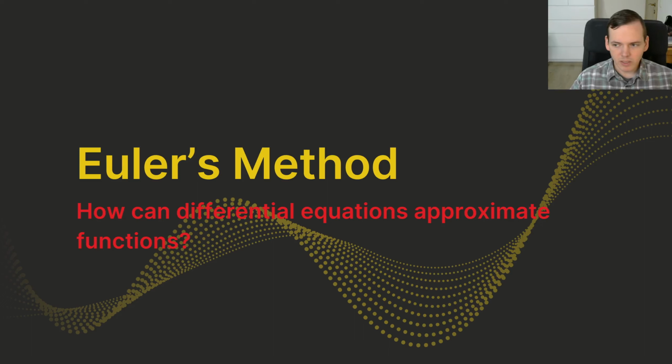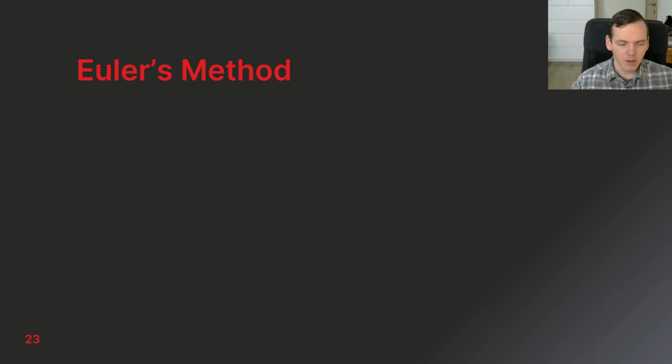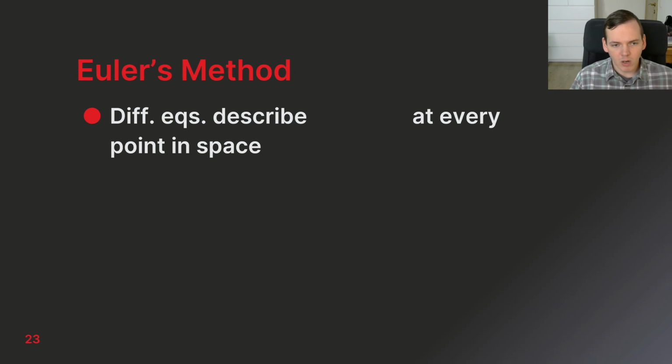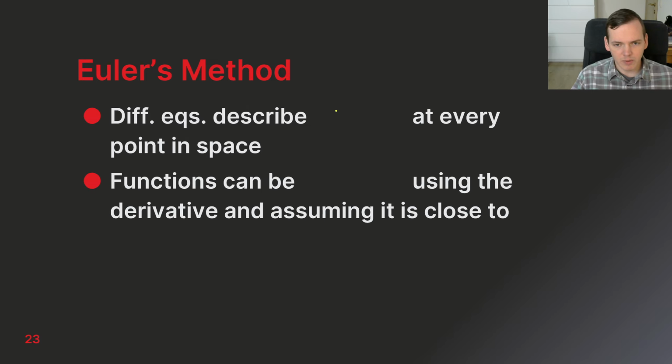Let's take a quick look at Euler's method, which is a way to approximate values of a function without actually knowing the function, just knowing the differential equation. So Euler's method, if you recall, the differential equations describe the slope at every individual point in space.